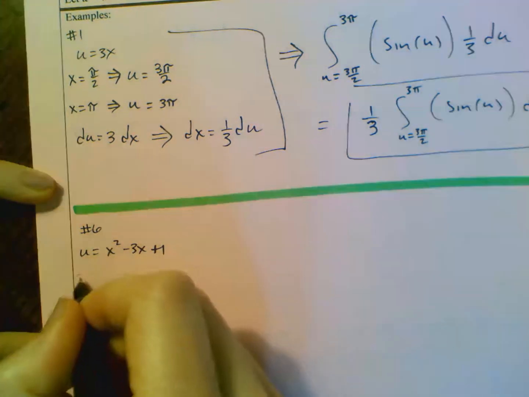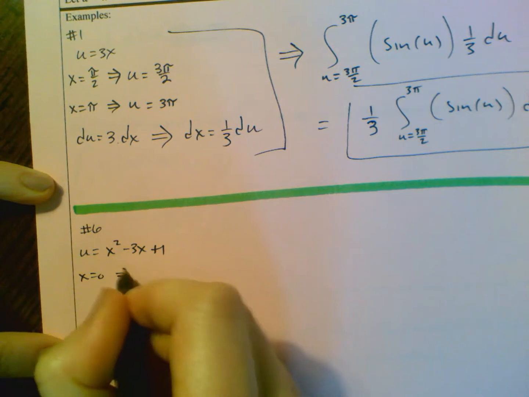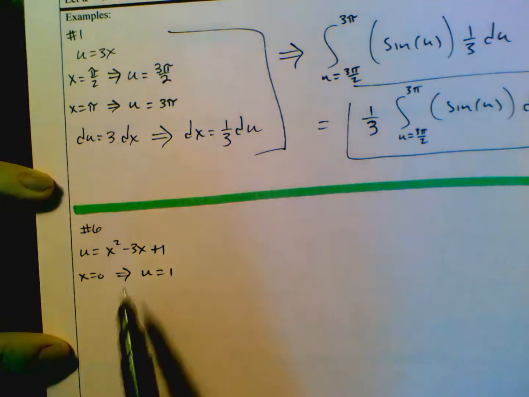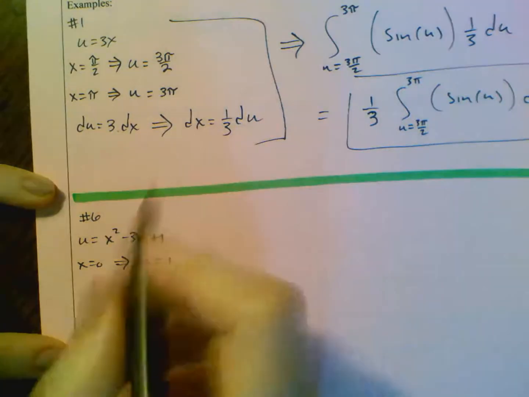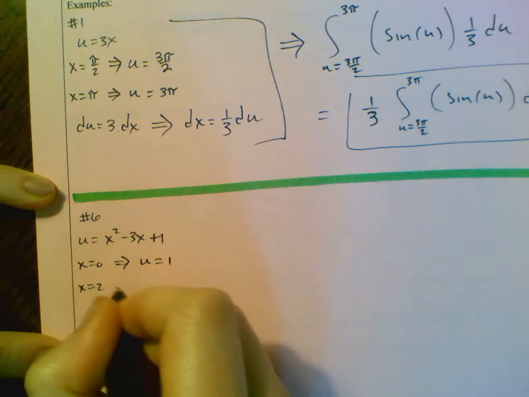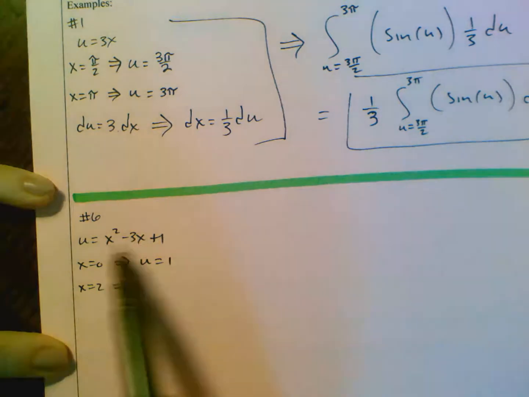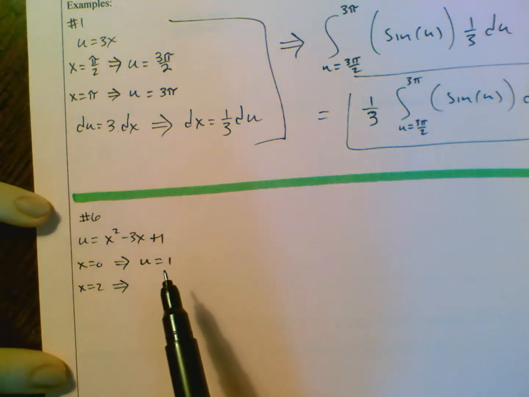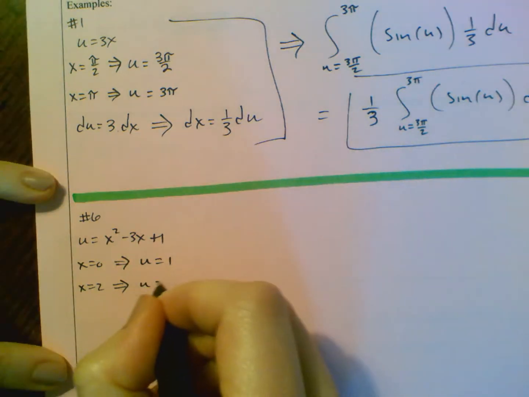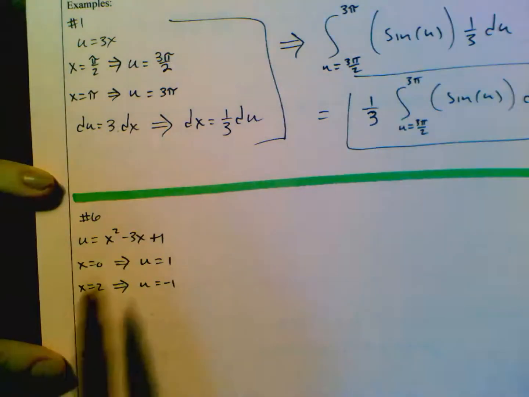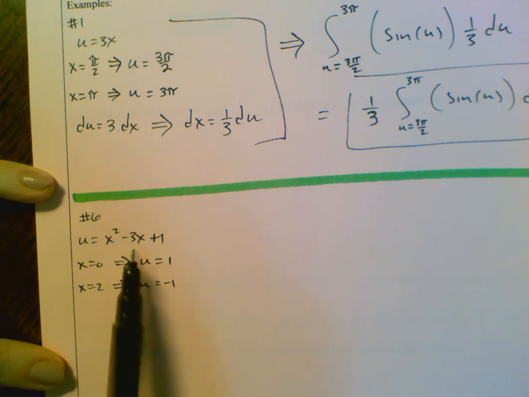All right, so when x is 0, I've got u is 1. I'm just plugging in zeros for the x's, and I get that u is 1. And then when x is 2, I'm plugging in 2 for the x's, and I get -1. Pretty sure, right? Because that's 4 minus 6 is -2 plus 1 is -1.